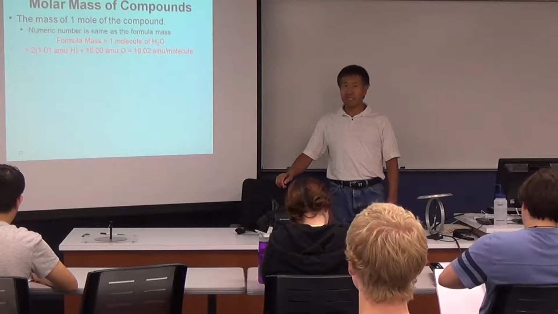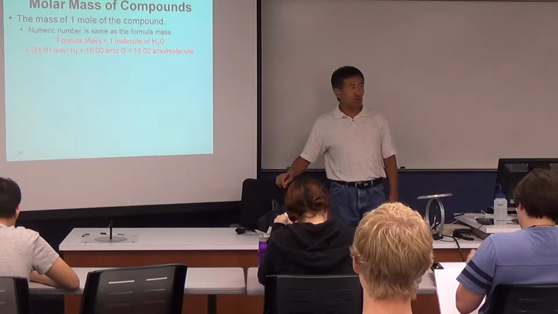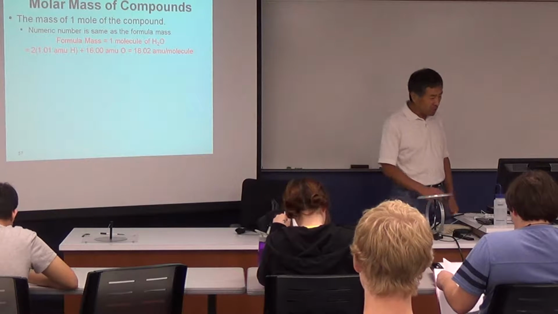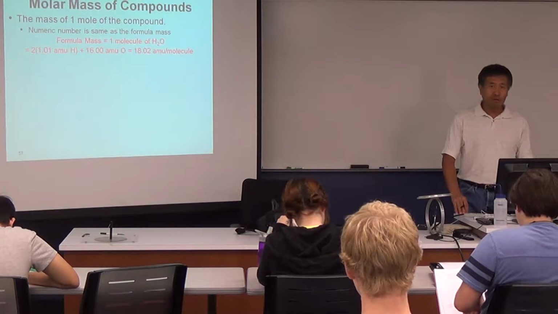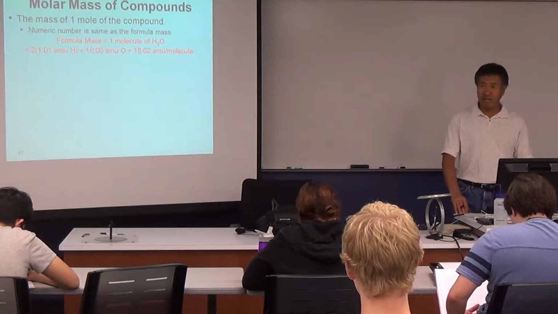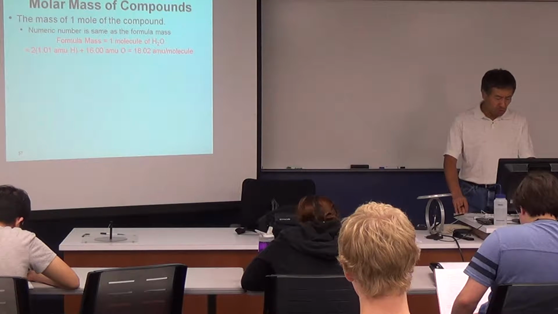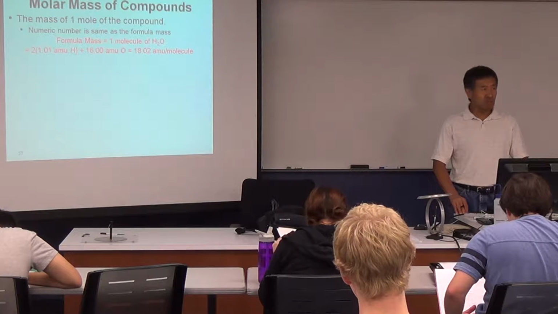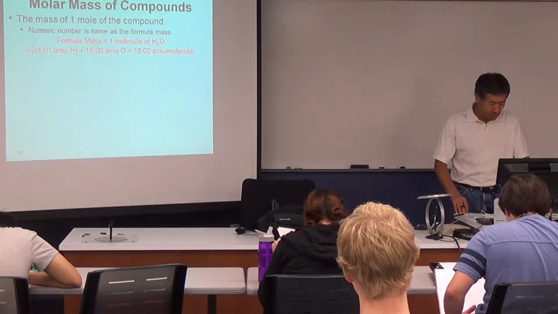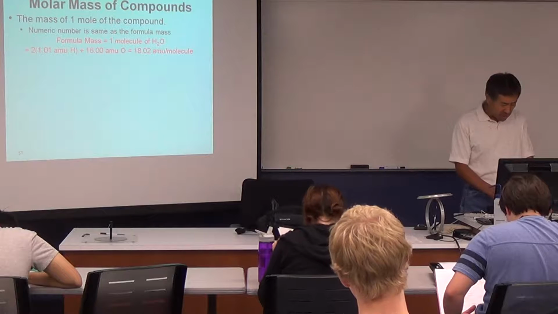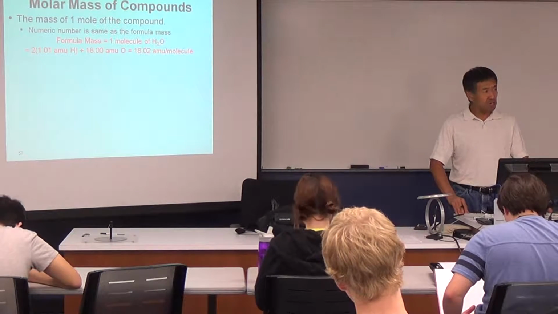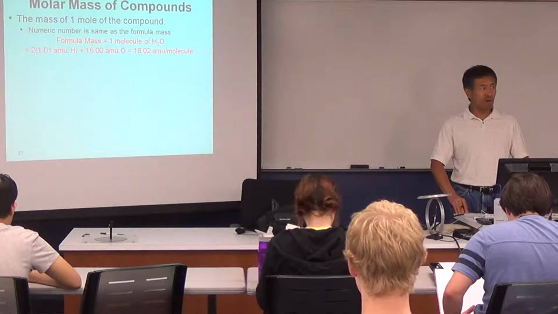To get the total mass of 1 H2O molecule, just identify this information, then use the periodic table, and you find the mass for 1 H atom is 1.01 AMU, and the mass for 1 oxygen atom is 16.00 AMU. So you multiply and add, and you get 18.02 AMU. So this is the answer for 1 water molecule.